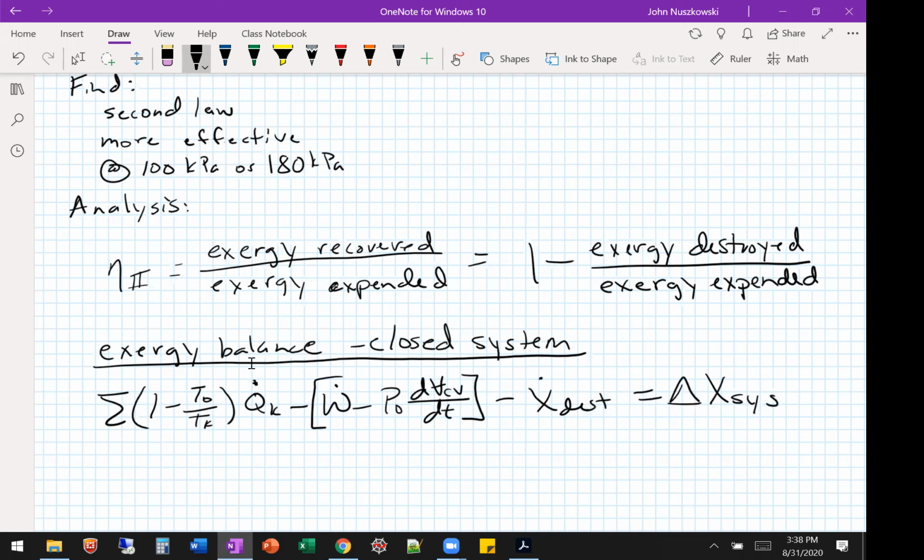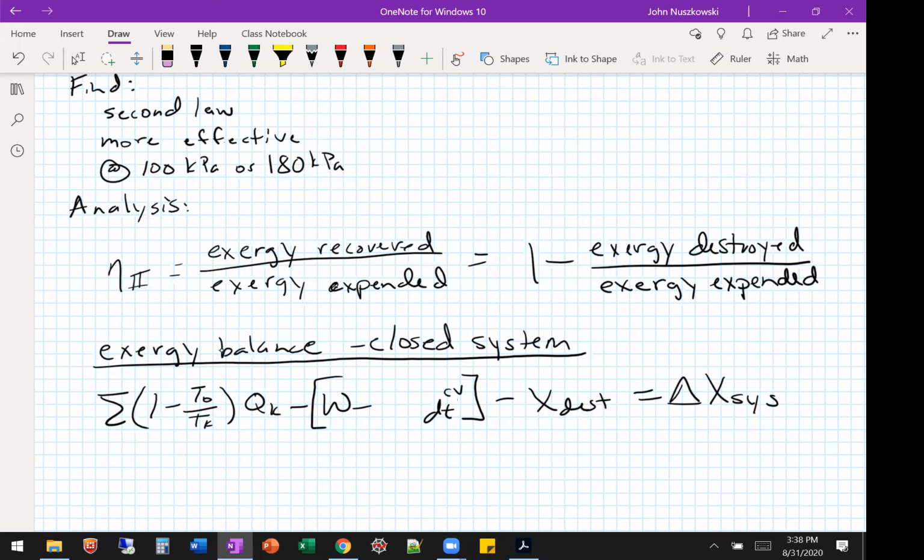All right, so we have the exergy balance, closed system. What can we... do we have dots on this? It shouldn't be there. All right, that's why I was looking at it weird. So do we have heat transfer? Yes. Oh, I messed up in another place.